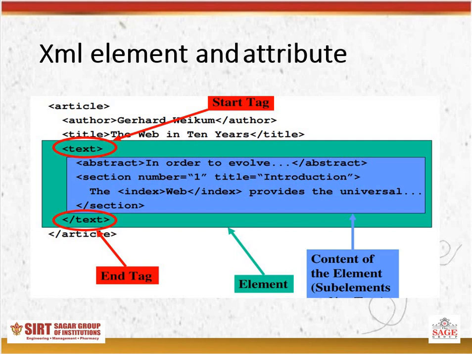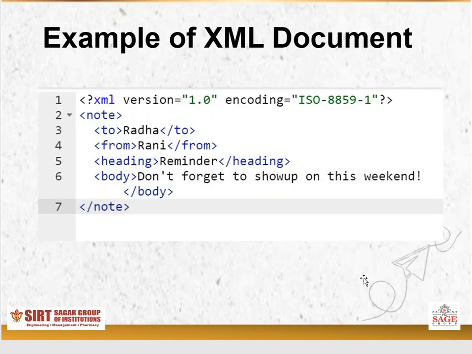The text inside the angular brackets is a start tag, and the text with a backslash is an end tag. Whatever is written inside these two tags is the element, and whatever is inside the element is the content of the element or sub-elements.